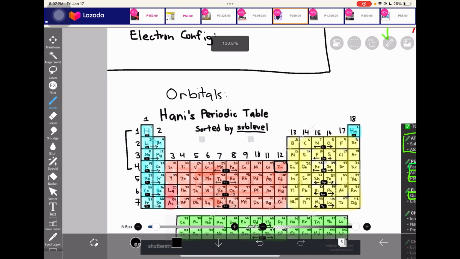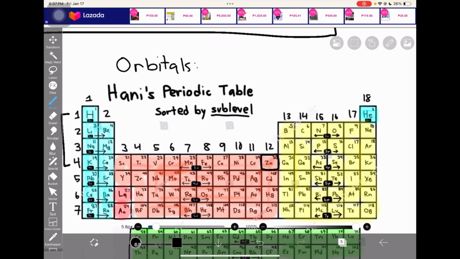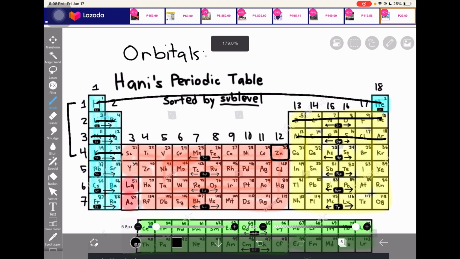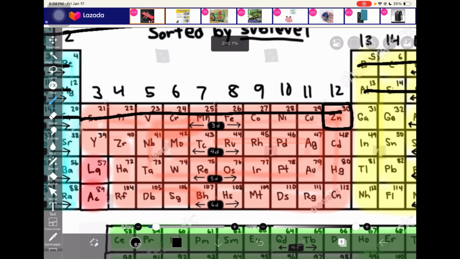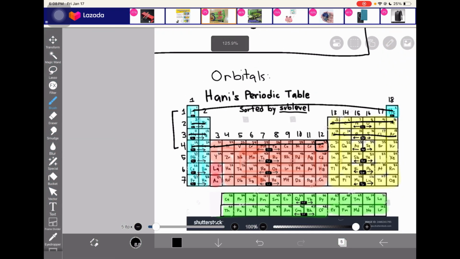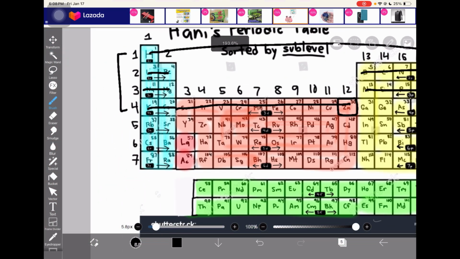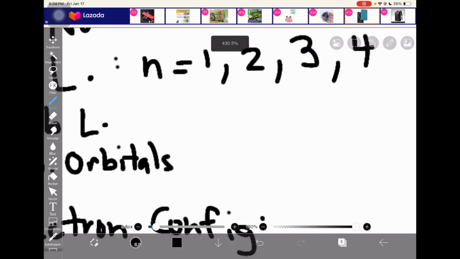Now we're going to count how many colors we passed by before we got to zinc. So we got blue for 1, yellow for 2, blue again, yellow again, blue again, and finally a new color, red, for 3. The red represents the D block, D as in dog. So we have the sublevels S, P, and D.